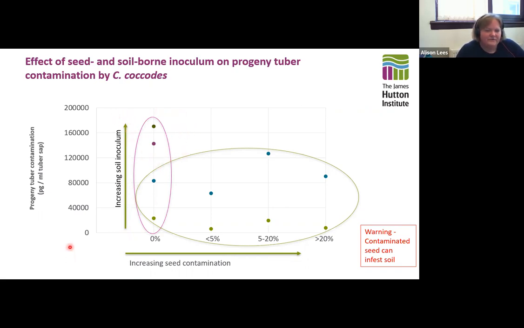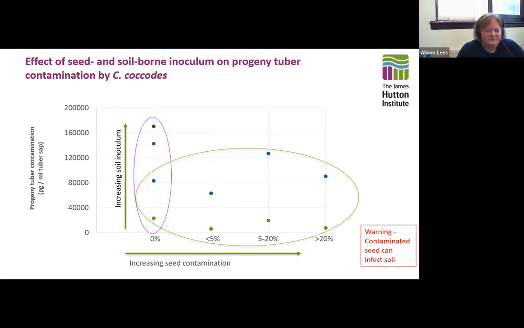So in this graph, contamination as measured by amount of DNA is used as a proxy for disease, but actually there's a very strong relationship between those two sets of data. So it begs the question of whether seed-borne inoculum or black dot on tubers is of any significance whatsoever.